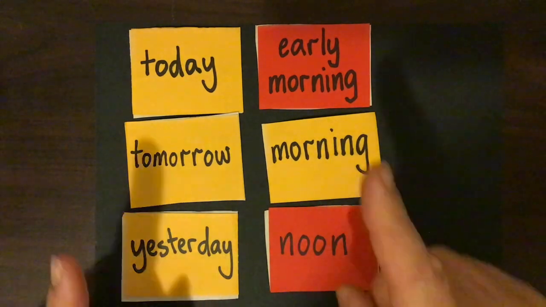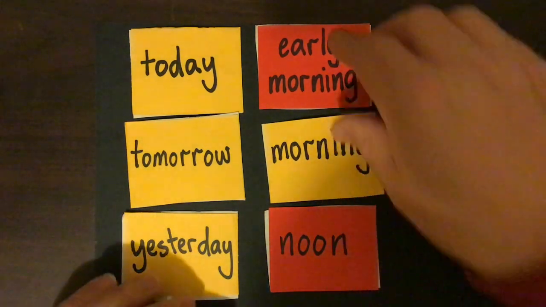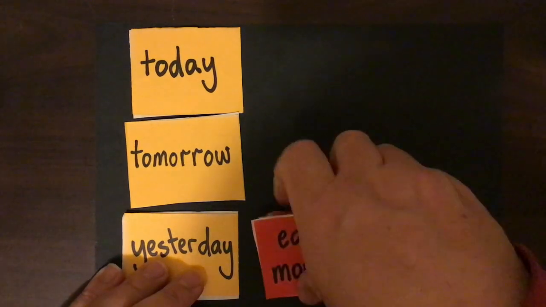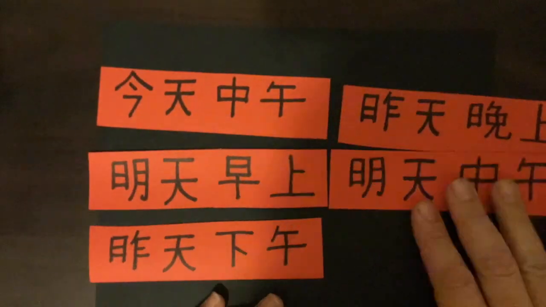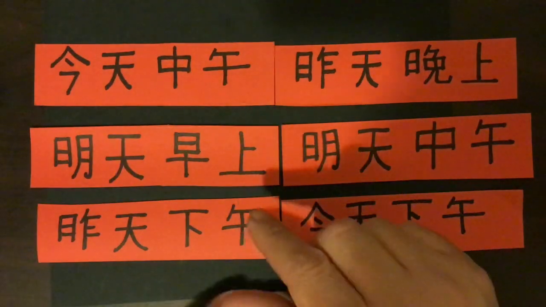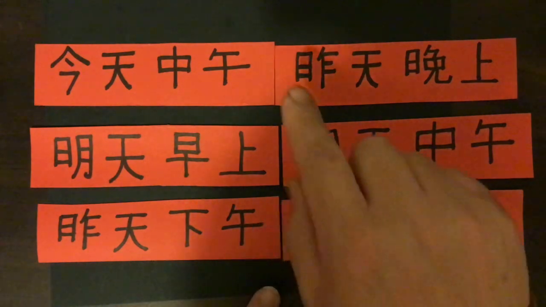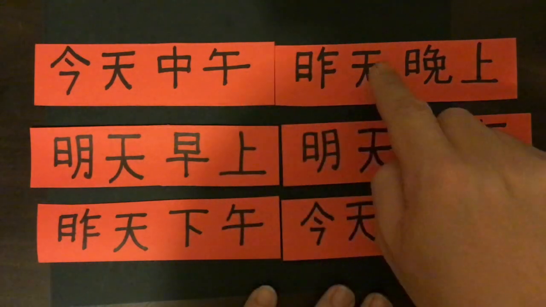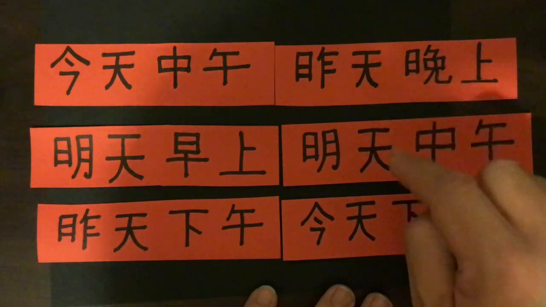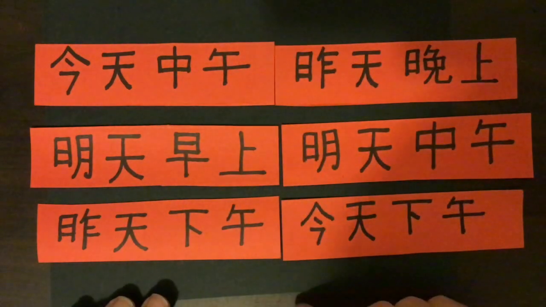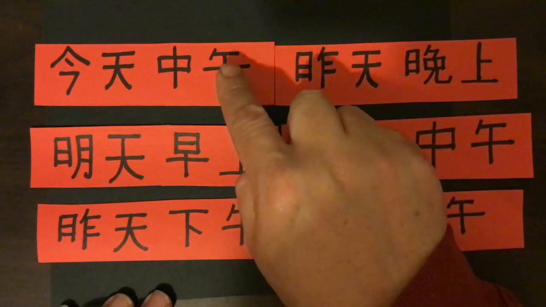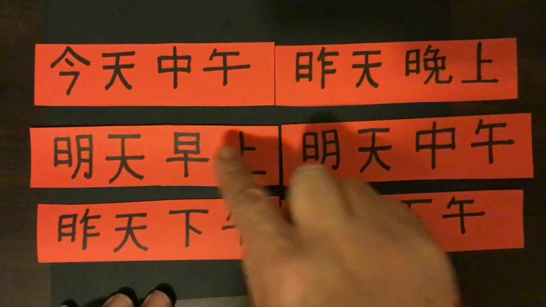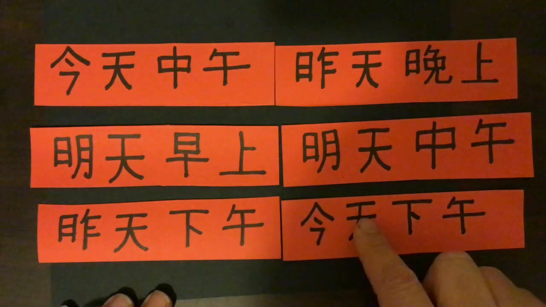Okay, now I've got one more test for you guys. So I'll just pack these away. And I'll set something up. In this exercise, what I want you to do is to be able to sequence these different time segments of different days in order from first to last. So let's imagine it goes in order like this. First, second, third, fourth, fifth, sixth.